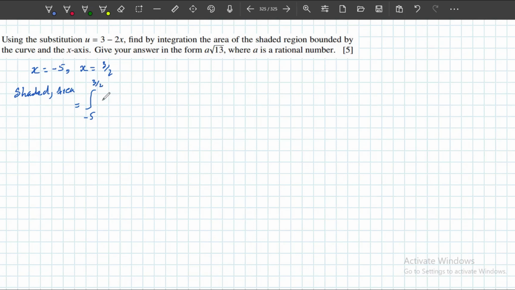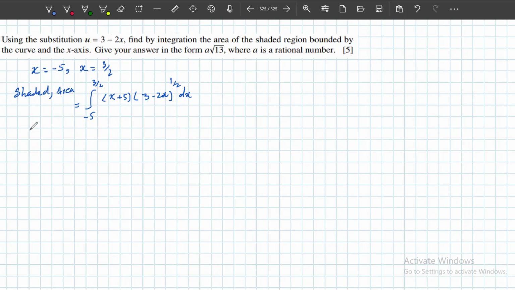Remember that our curve was (x plus 5) times (3 minus 2x) to the power 1 by 2, dx. As they said, we will apply substitution. They even give us the hint in the question itself, u equal 3 minus 2x. So we'll take the help of this.